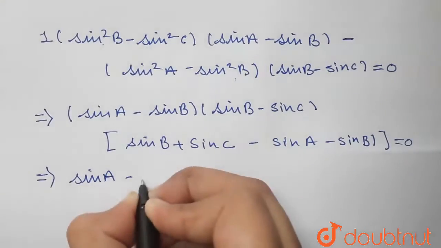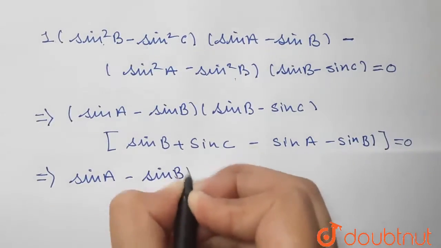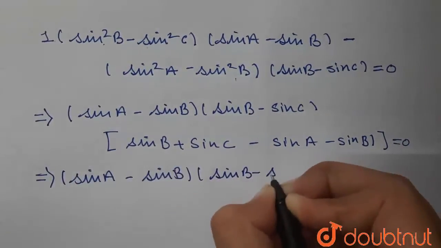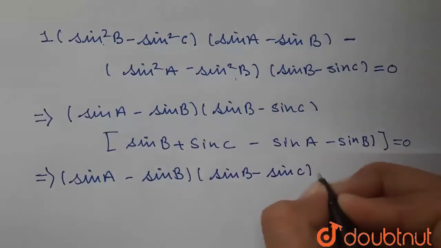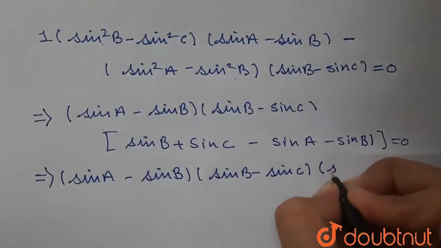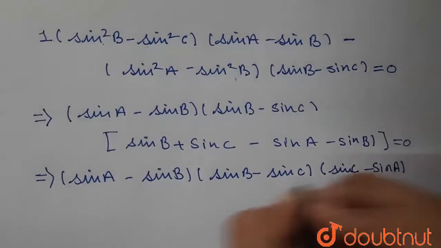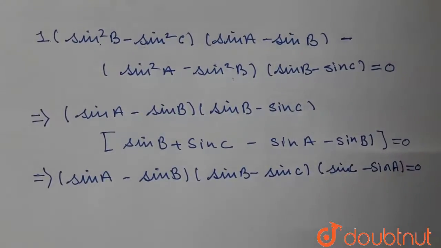(sine A minus sine B), here (sine B minus sine C), and here we will be left with only (sine C minus sine A). Okay, now this is equal to 0.